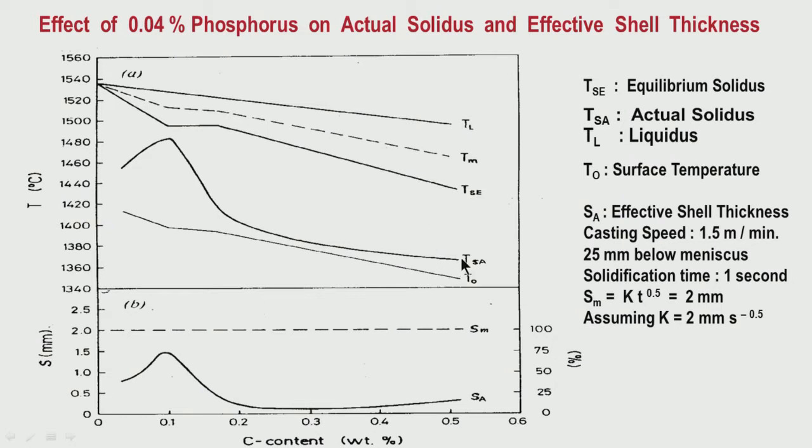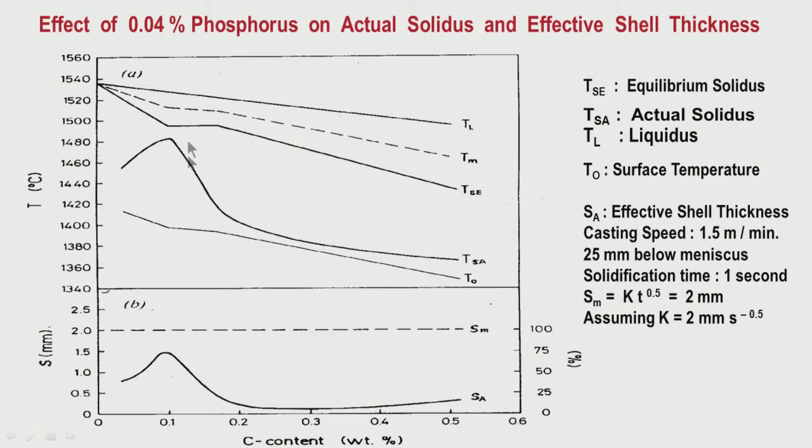If this is coming down, the difference between TL and TSA becomes large, that means the solidification range becomes quite wide. If the solidification range becomes wide, the mushy zone will become wider, and the difference between the surface temperature of the solid and the actual solidus becomes less.